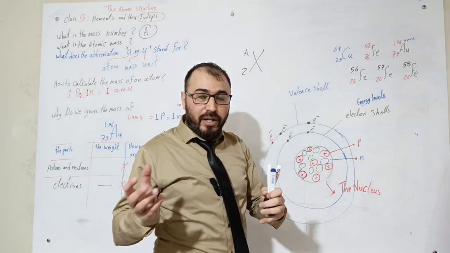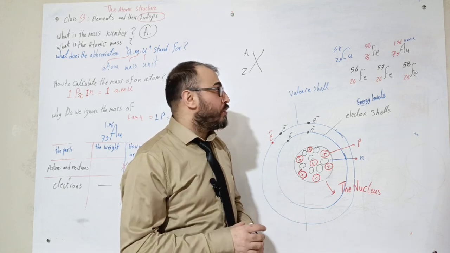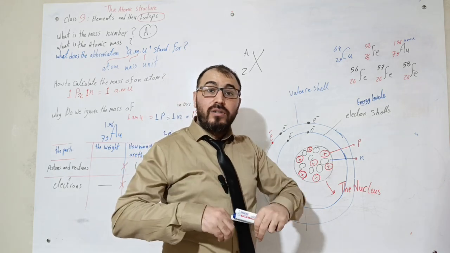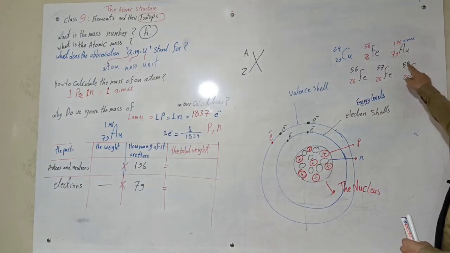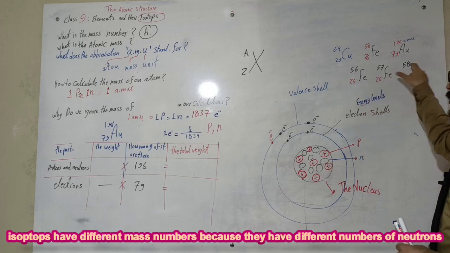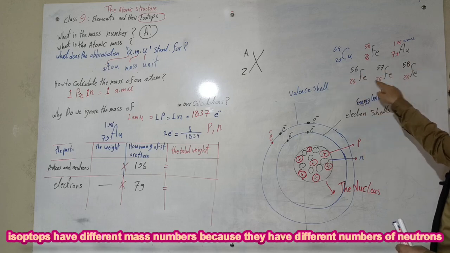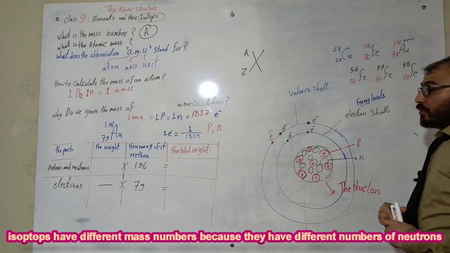So those atoms are different from one another in terms of the number of protons and neutrons inside their nuclei. Also, the number of neutrons inside the atoms of the same element, or the isotopes, are different, although they have the same atomic number or the number of protons.